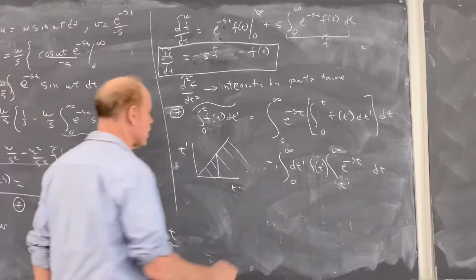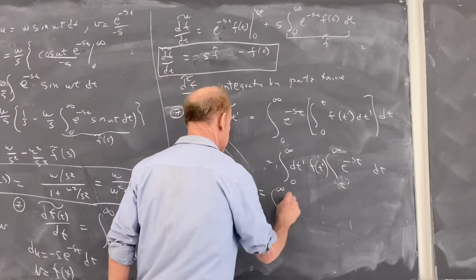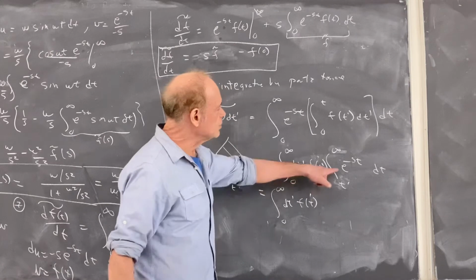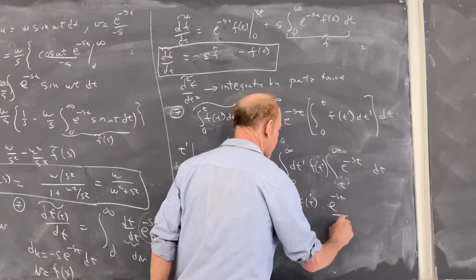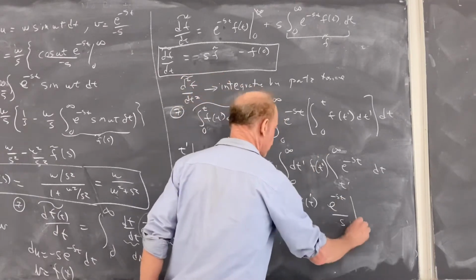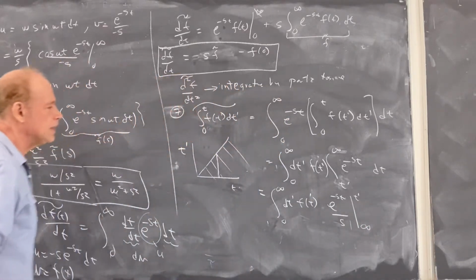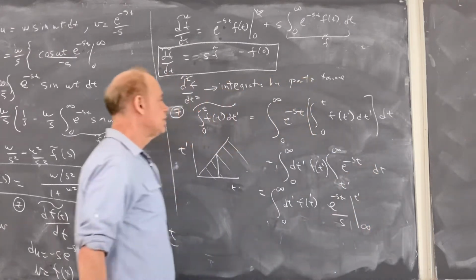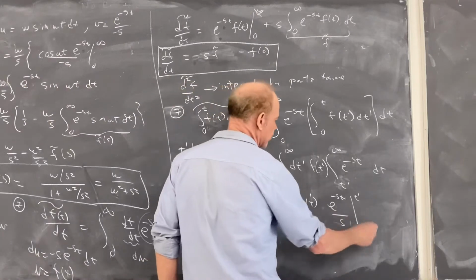Finally. Okay, so let's do that. I have the integral from 0 to infinity, dt prime, f of t prime. And now I integrate this. I have e to the minus st over minus s, where I flip the limits, so I go from infinity to t prime. At infinity, this is 0.